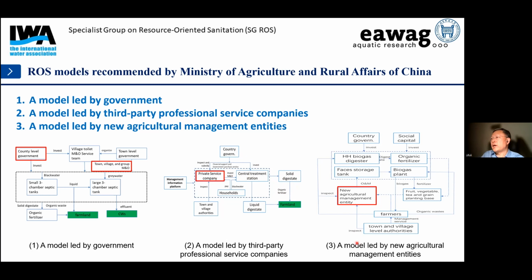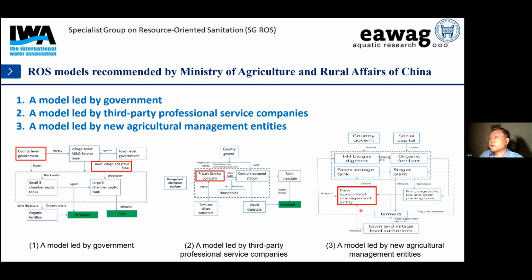And the third one is the model led by new agricultural management entities. It's like a collaborative group. The new agricultural management entities are responsible for the maintenance and operation, and the township and village level authorities will inspect the management service and so on.